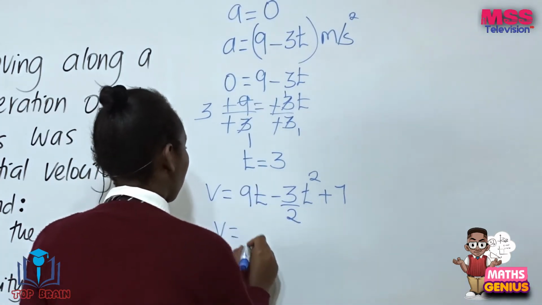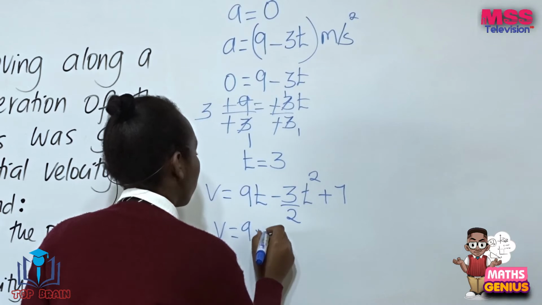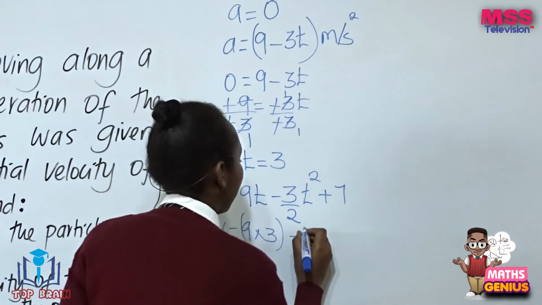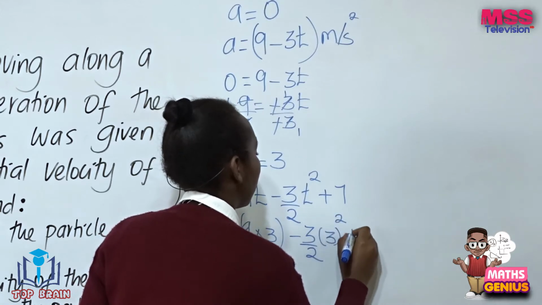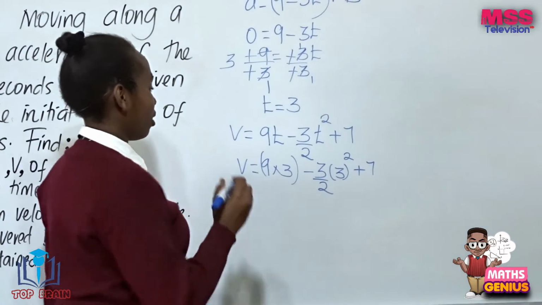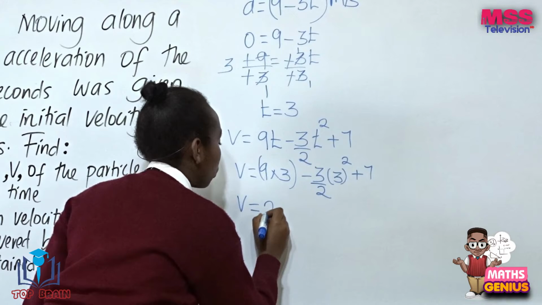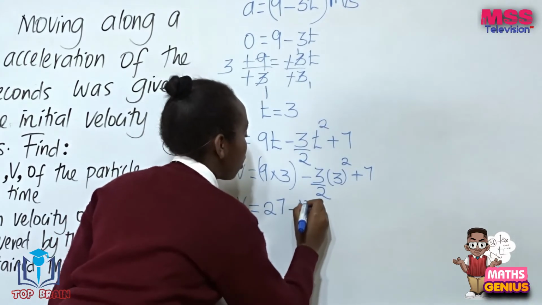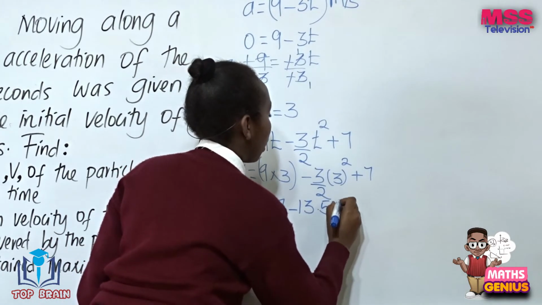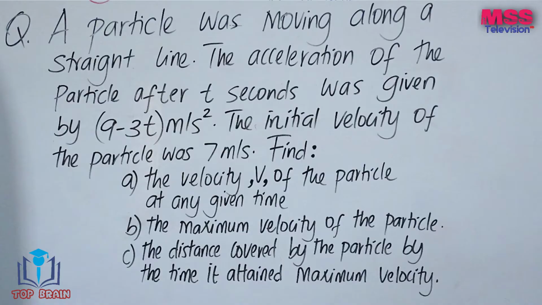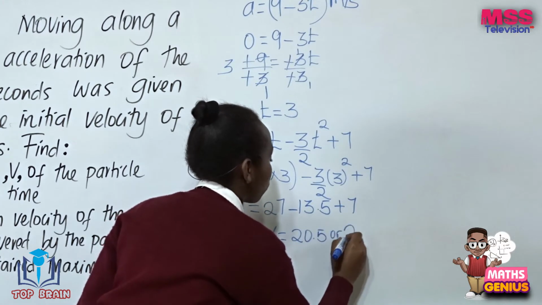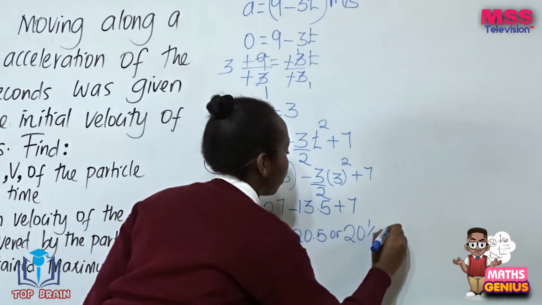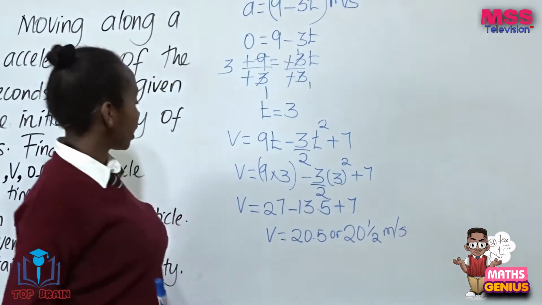So velocity is equal to 9 times 3 minus 3 over 2 times 3 squared plus 7, and we get the velocity as 27 minus 13.5 plus 7. So the maximum velocity of the particle was 20.5 meters per second. That's the answer in part B.